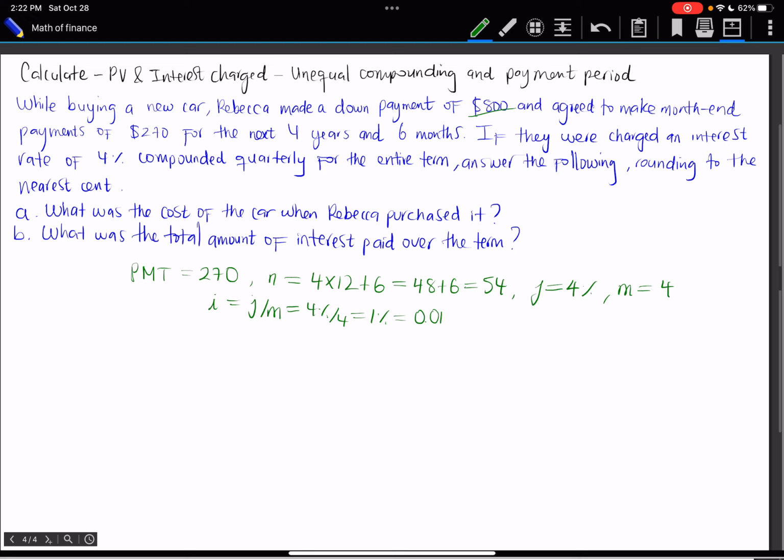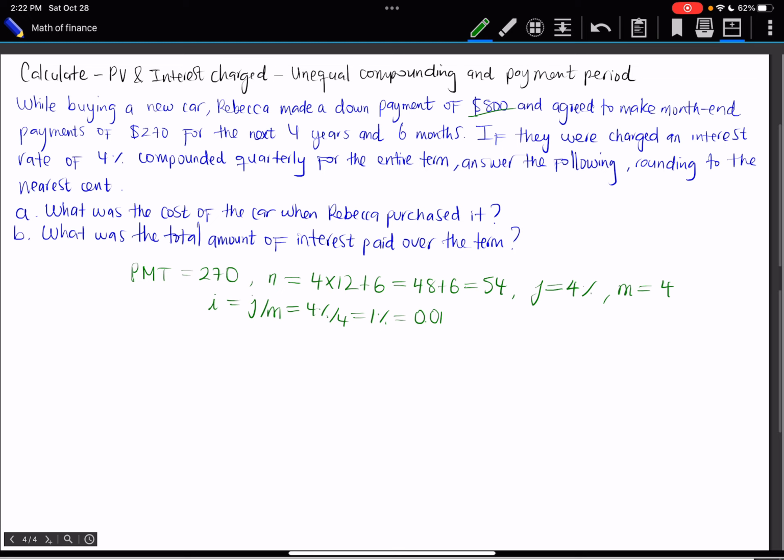Now, Rebecca agreed to make monthly payments, and interest is compounded quarterly. Then what we have here is that the compounding period is not the same as the payment period.